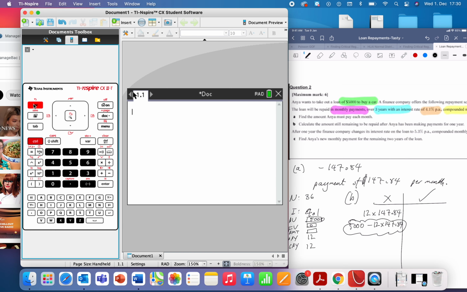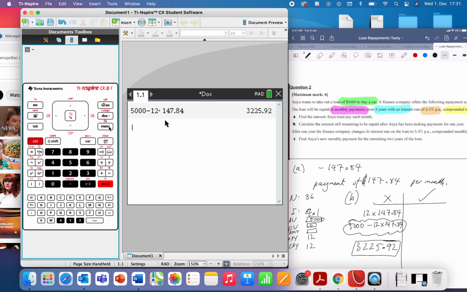We'll do 5,000 subtract 12 times 147.84. Gives us a nice answer of, so the remaining is 3225.92. But the actual way of doing it is using the finance solver.